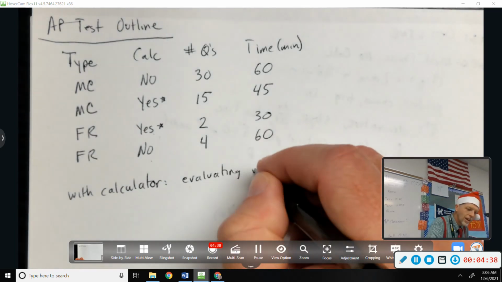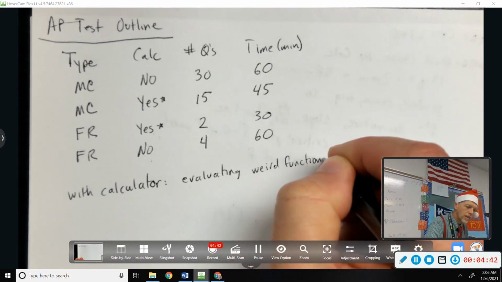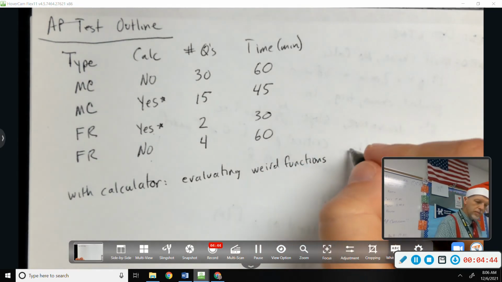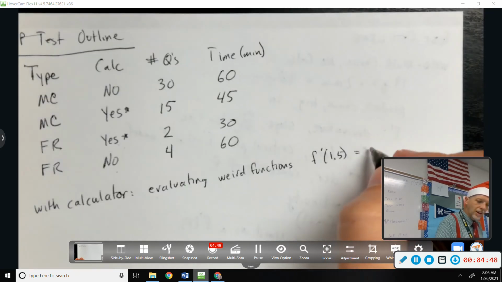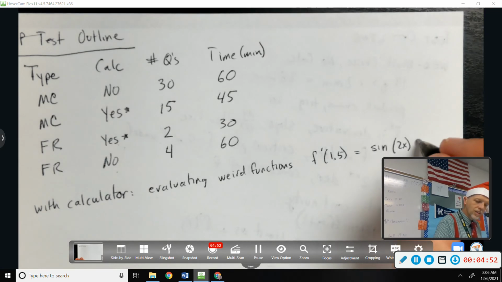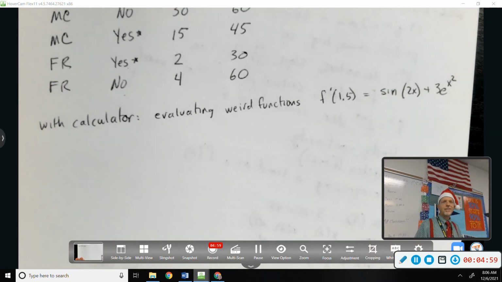So evaluating weird functions. Right, if you need f prime of 1.5, and that's the sine of 2x plus 3e to the x squared, you don't want to do that without a calculator. You type it in and you get some weird decimal, and hopefully it's one of your answer choices.